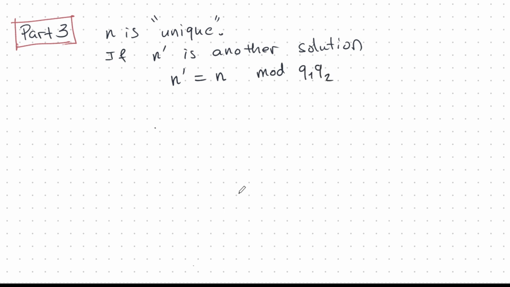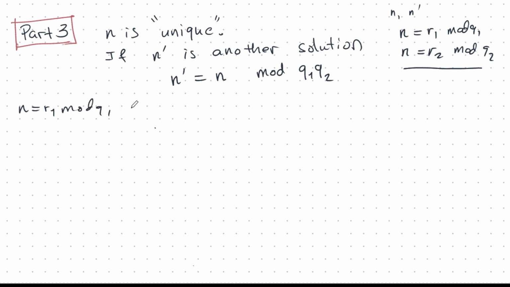So this is a magic modulus, and all solutions are equivalent to each other with this modulus. Recall the two equations, our system of congruences. We'll put n and n prime into these and see what happens. So we have n is r1 mod q1 and n prime is r1 mod q1.